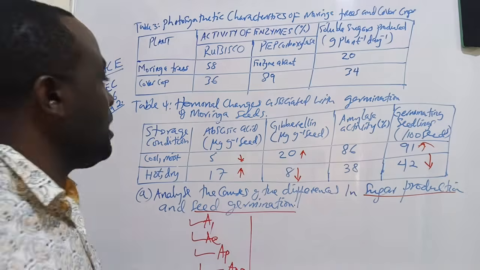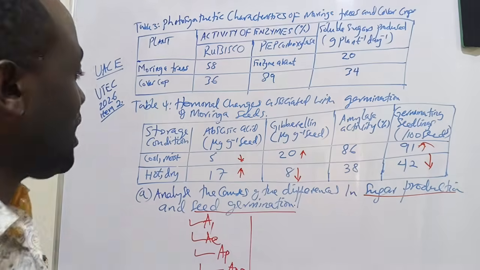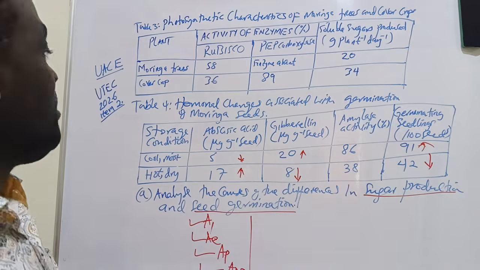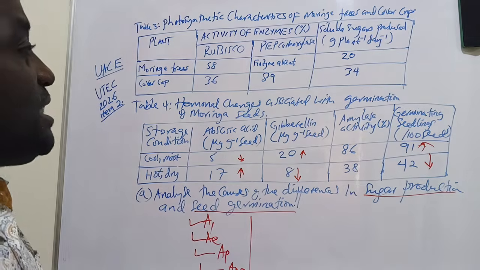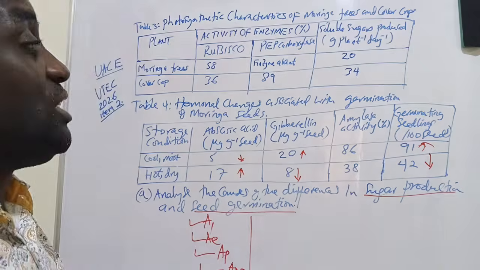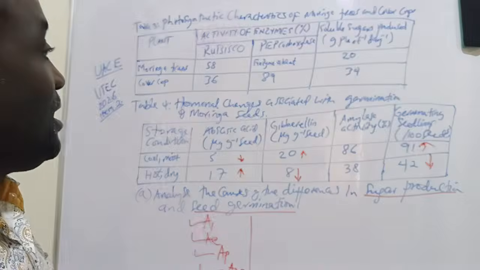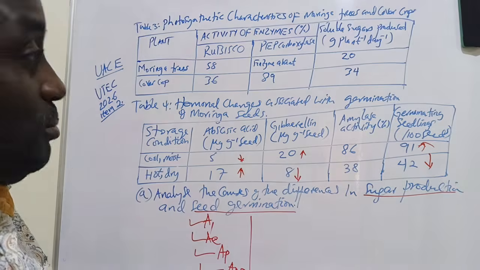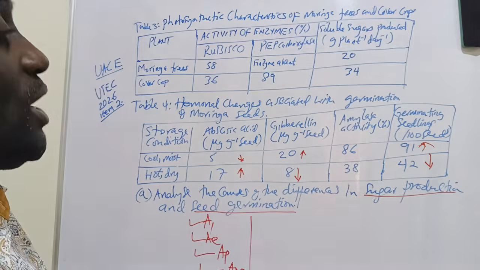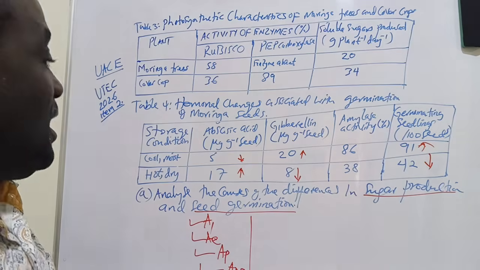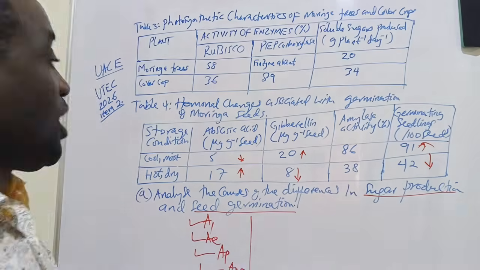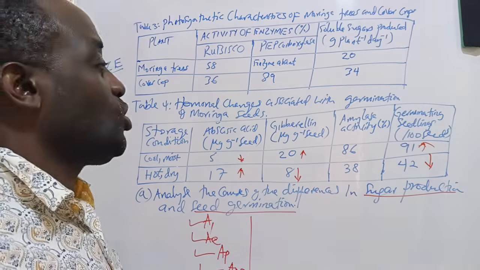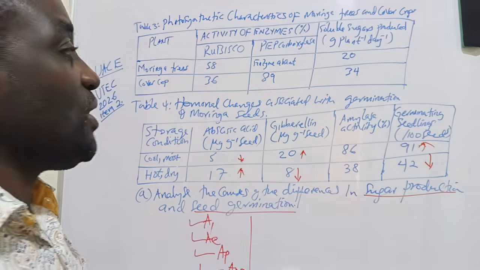Good. Now, under seed germination, I would say that moringa seeds germinate more, or the rate of germination of moringa seeds is high under cool and moist conditions, 91 germinating seedlings per 100 seeds, than under hot, dry conditions where the germination of moringa seeds rapidly decreases to 42 seedlings per 100 seeds.